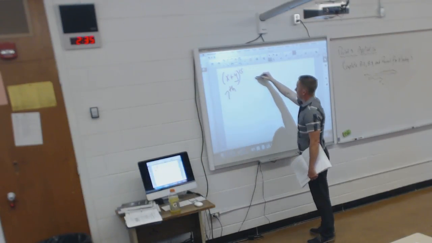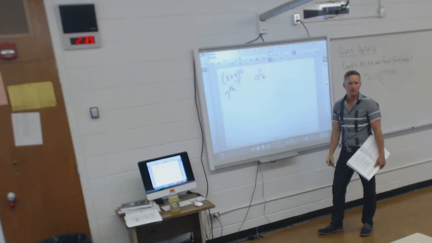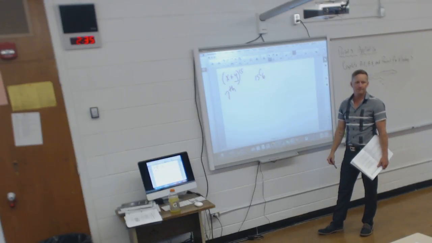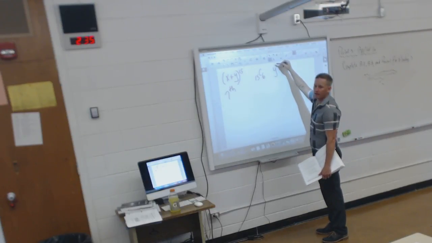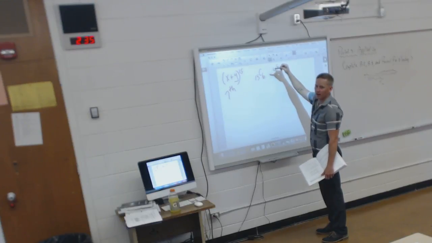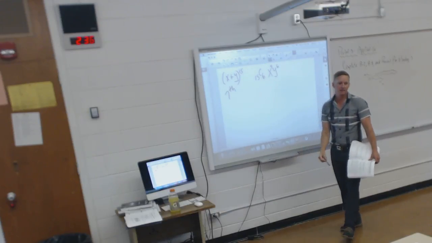Well, just going by that combination, it'd be 15C6. It'd be 7 minus 1 because you start at 0. Yes, exactly. And then you'd have y to the power of 6, and x to the 9.